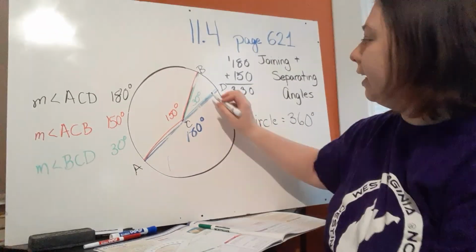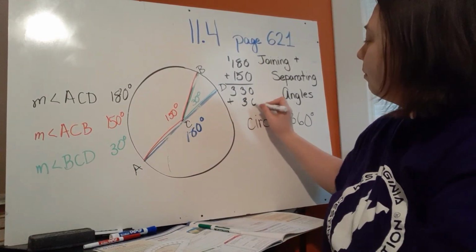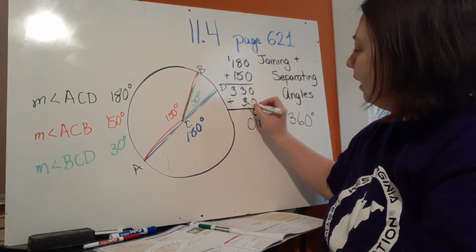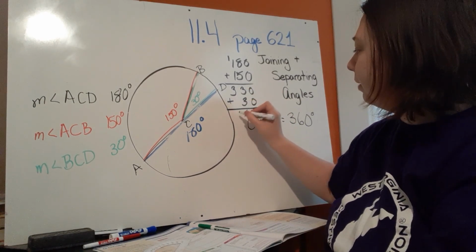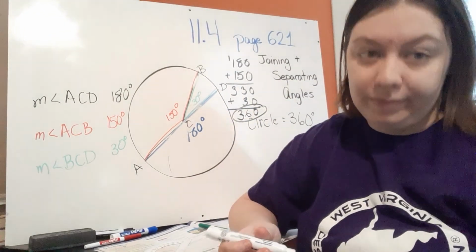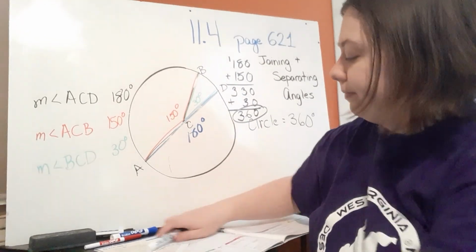So I'm at 330. Then I still have my 30-degree angle. So 330 plus 30. 0 and 0 is 0. 3 and 3 is 6. 3 plus nothing is 3. 360 degrees. So I know that my measurements here are correct.